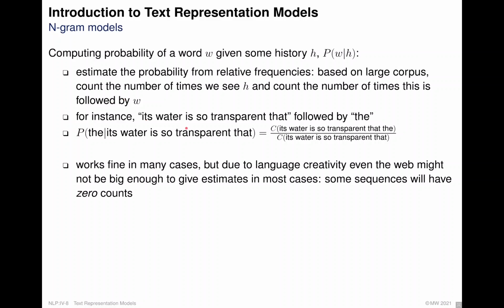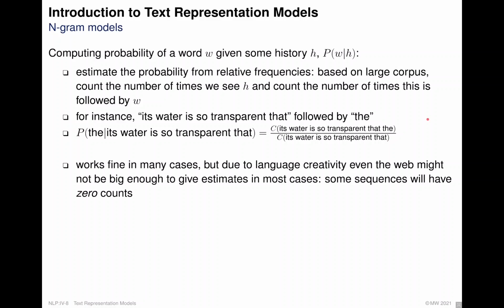So for instance, for this sequence, its water was so transparent that, the probability that it's followed by the would be expressed in the following way. Probability of the, given the history, its water is so transparent that, would be the count of this string where the prefix and the word of interest is included, divided by the count of the prefix. So it's a kind of relative frequency.